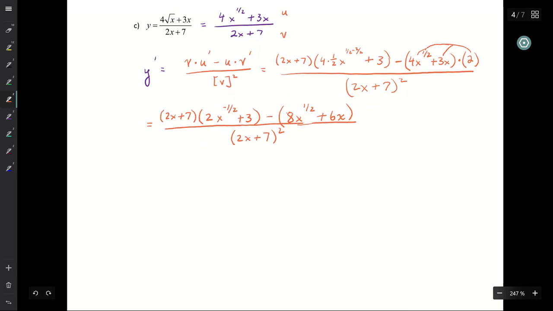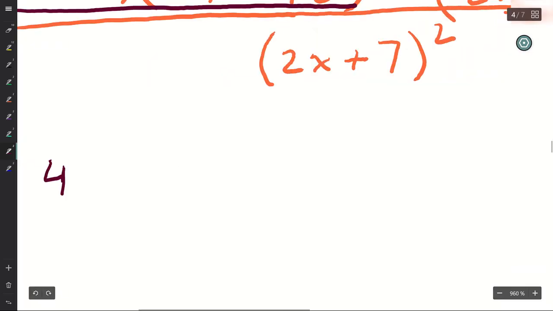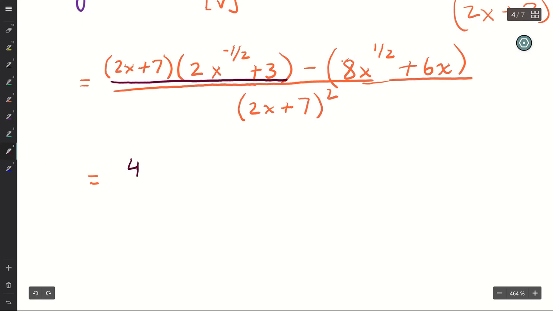All right, and then from here, we unfortunately have to FOIL out those 2 binomials. So let's go ahead and do that. Now I'm going to say a placeholder, and I'm going to use the placeholder that's convenient for me at this moment. When I multiply these first 2 together, I'm going to have to multiply the numbers in front, so 2 times 2 would end up being 4. And then, though, I'm having to multiply the x by the x to the negative 1/2.